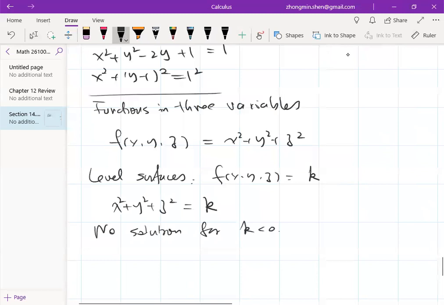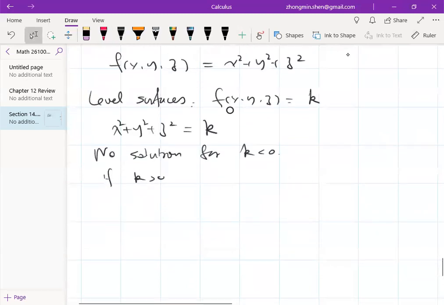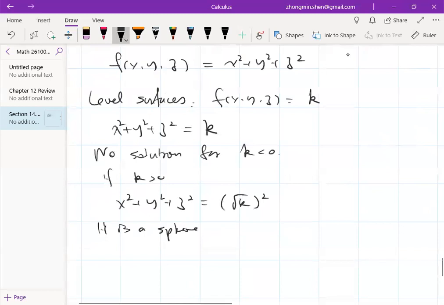If k is positive, then x squared plus y squared plus z squared equals square root of k squared. So it is a sphere with radius square root of k.